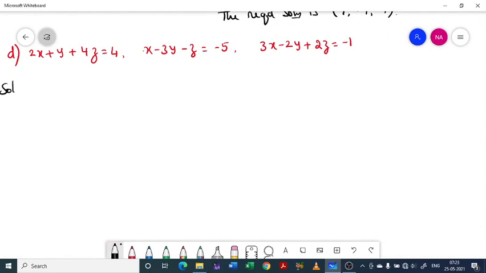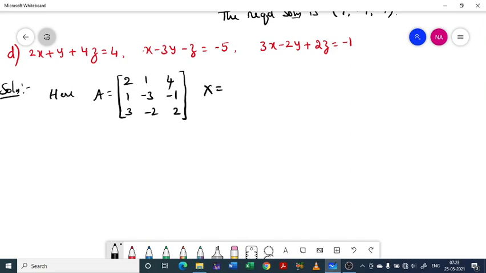Solution. So here A equal to [2 1 4; 1 -3 -1; 3 -2 2], X is [x y z], and B equal to [4 -5 -1].